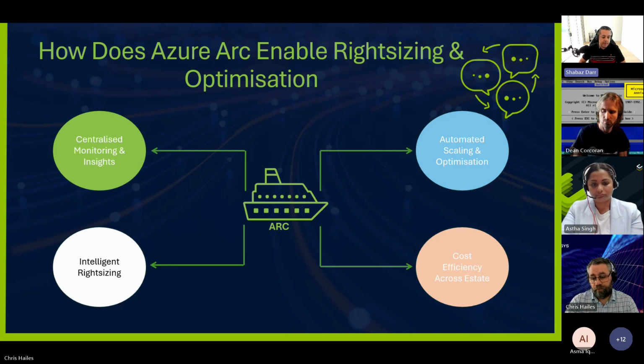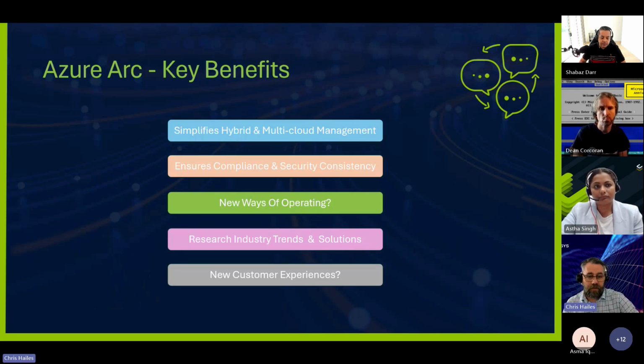It's about the other tools that help you manage that disparate environment. So if we were to round it out, some of the key benefits. I think we're just repeating ourselves now, but it's important to emphasize what the key benefits are of something like Azure Arc when it comes to an adaptive cloud environment, whether that's multi-cloud, on-prem, in Azure, or whatever style and shape or size of your environment. Arc has some really key benefits.